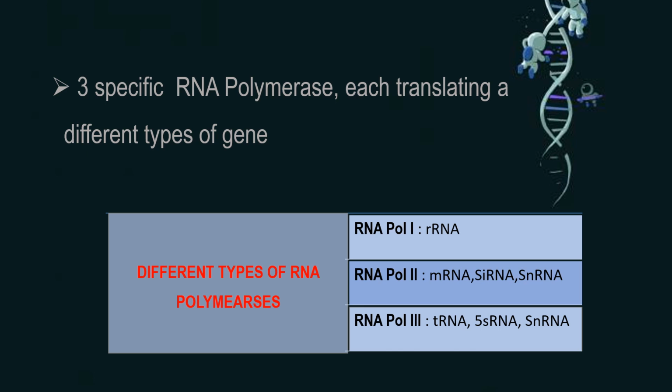This enzyme is involved in the synthesis of messenger RNA, small interfering RNA and small nuclear RNA. Location: nucleus. Then the third, RNA polymerase 3. It is involved in the transcription of genes that code for tRNA, 5S ribosomal RNA, snRNA U6, and signal recognition particle RNA.